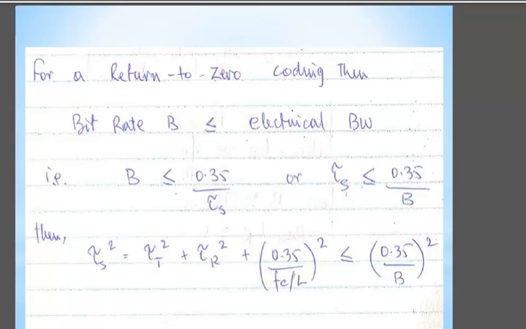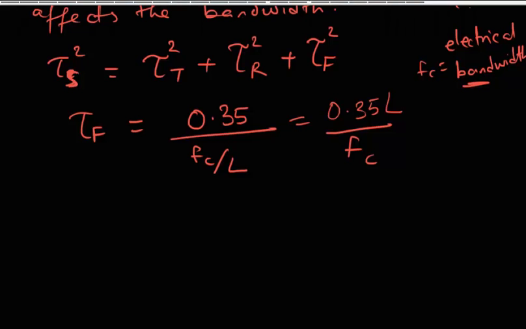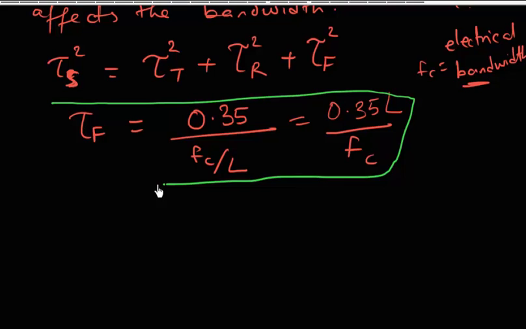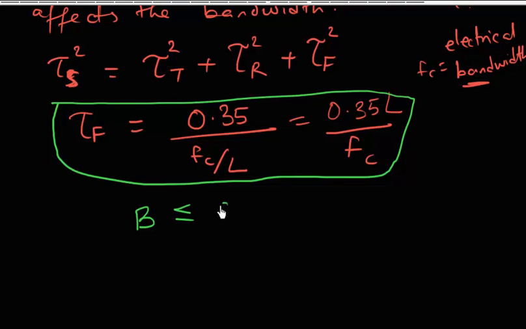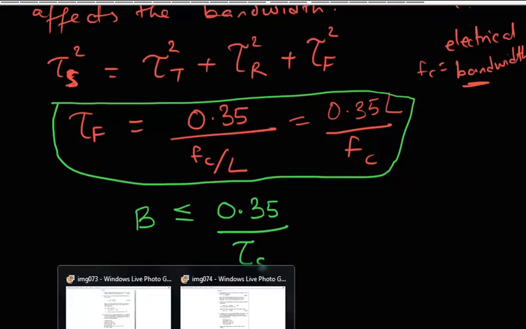That's number one. There are two things you have to put in your head: this formula and another one, which says that the bit rate, which is the actual bandwidth, is less than or equal to 0.35 divided by the total rise time.